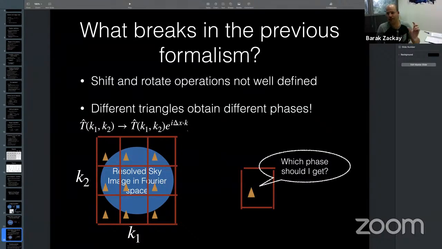Now, if you move exactly one pixel, then this delta x times k is periodic with this period, and then all the triangles get the same phase. And if it is a subpixel shift, then all triangles don't get the same phase. So if I want to shift this image by some subpixel shift, I come up with the question of which phase should I apply to this triangle, this poor triangle.